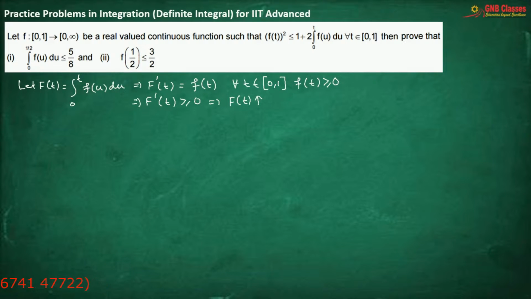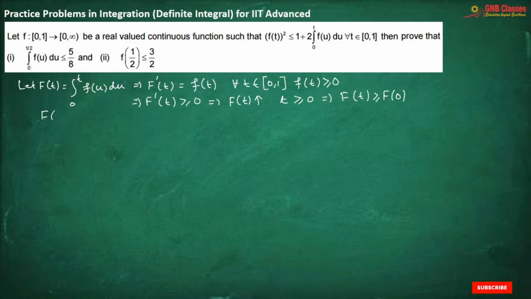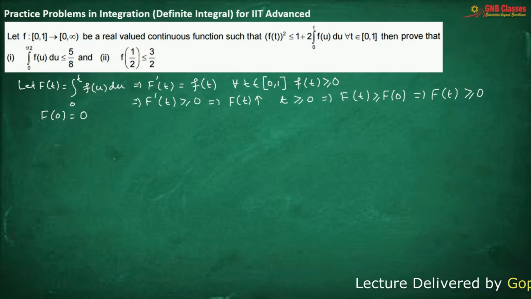Since capital F(t) is an increasing function, for t greater than or equal to 0, capital F(t) is greater than or equal to capital F(0), right? Now capital F(0) is nothing but 0, which implies capital F(t) is greater than or equal to 0. Is it clear to all of you?